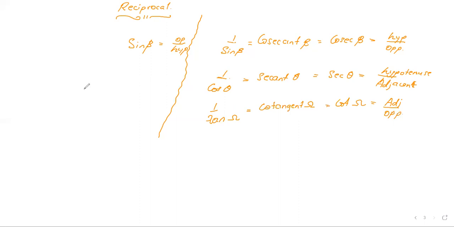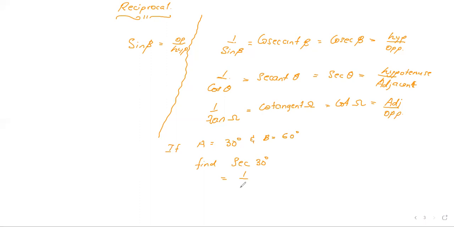Now, if A is equal to 30 degrees and B is equal to 60 degrees, when you say find the sec of 30 degrees, this will be 1 over cos, since sec is the inverse of cos.